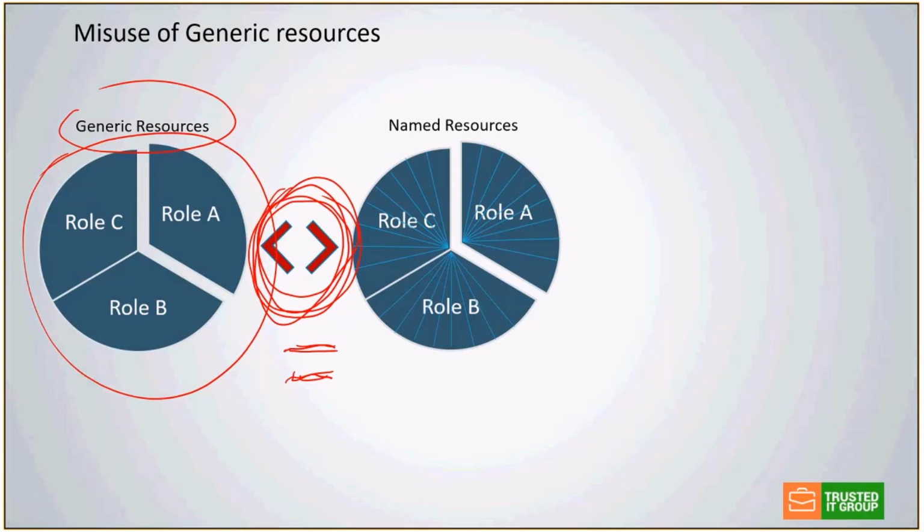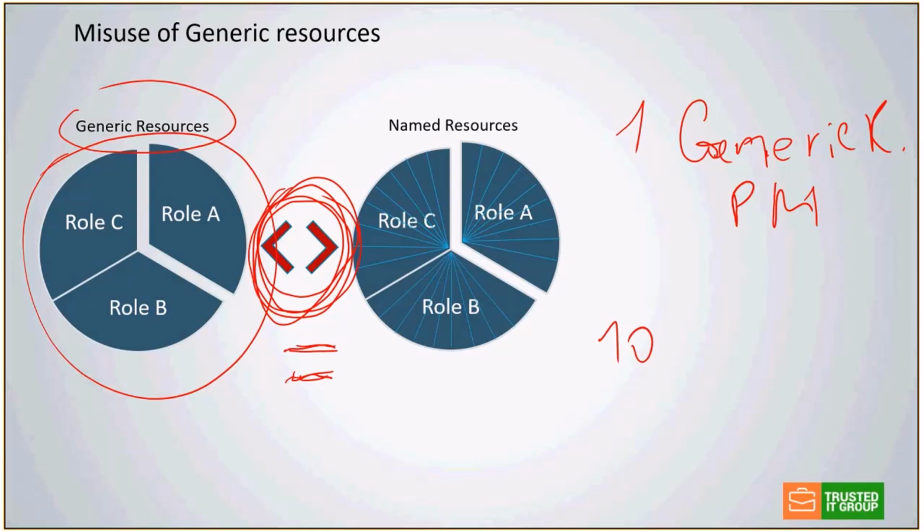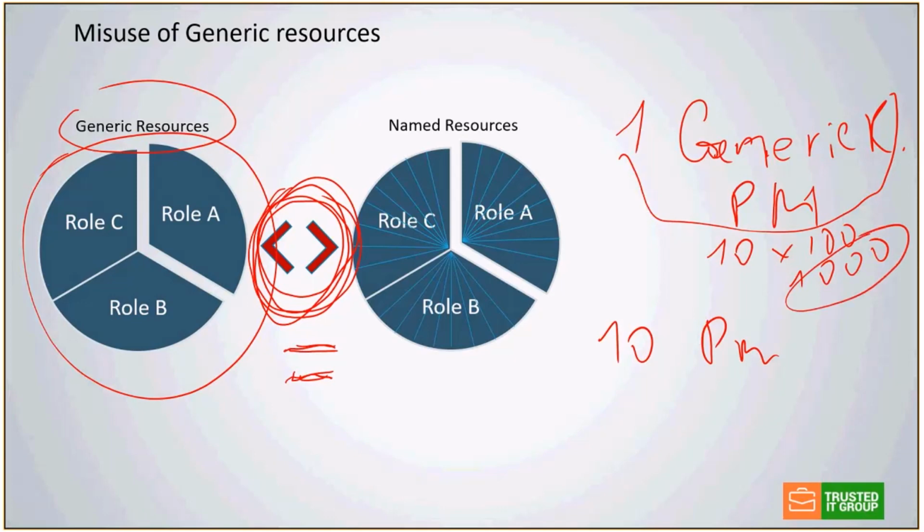Meaning that if we have one generic resource called PM, and in the actual named resources we have 10 PMs, the capacity of that generic resource should be 10 times one person, which is 10 times 1 times 100% of the units, which would obviously be 1,000% of the capacity of the generic resource. That would be equal to 10 PMs in the named resources.